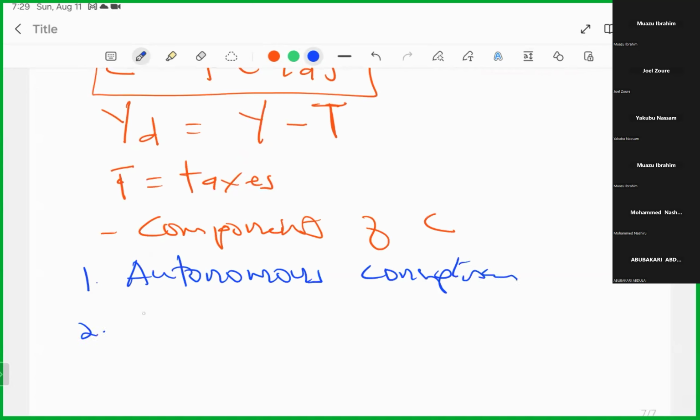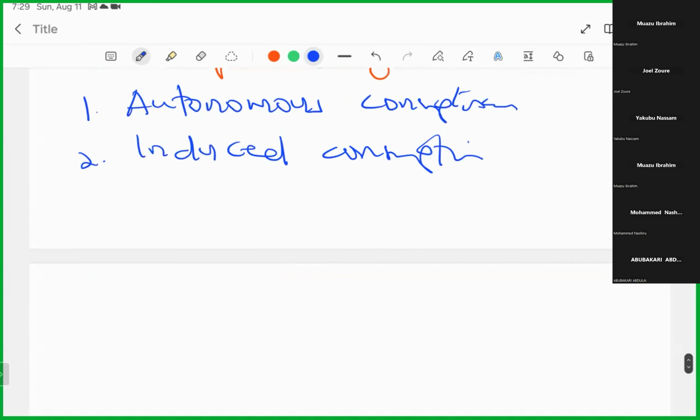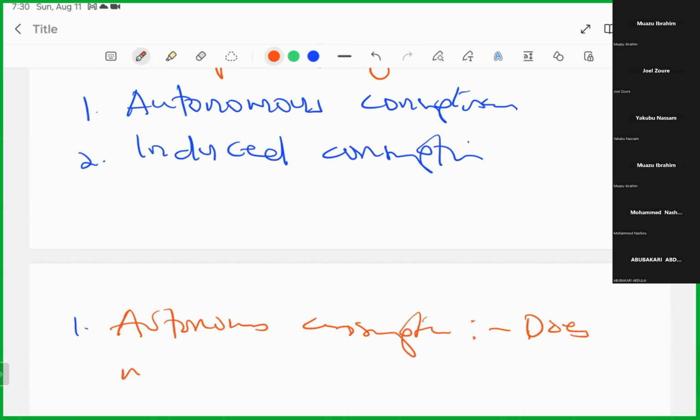And then the second one, we are talking about the induced consumption. Now, for the first one, the autonomous consumption, we are looking at consumption that does not depend on income.